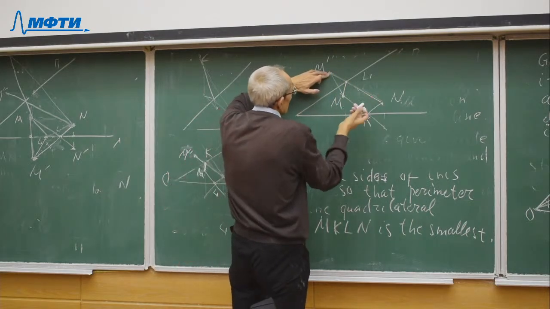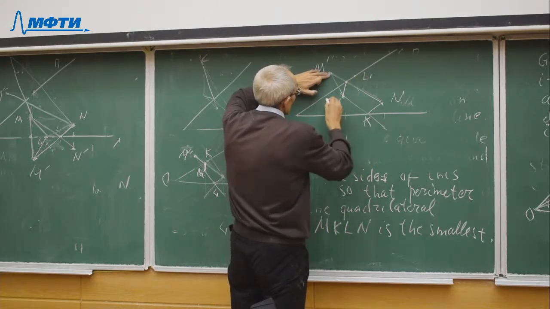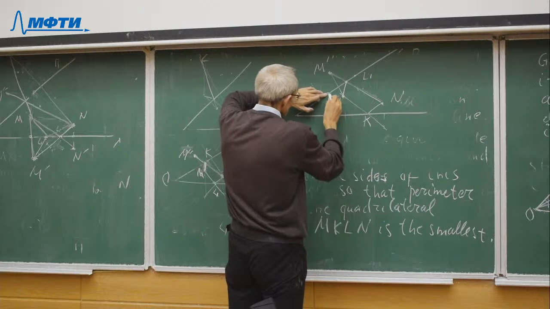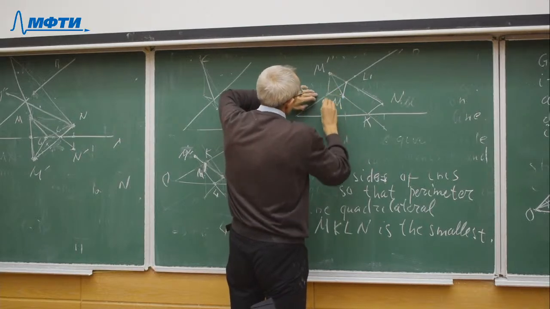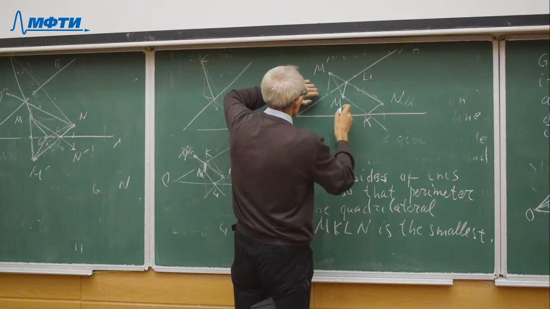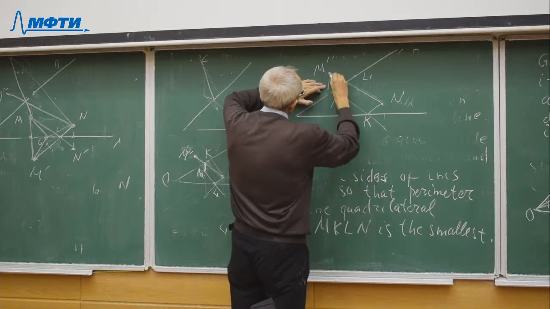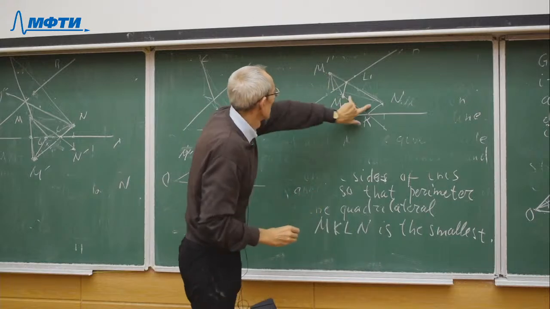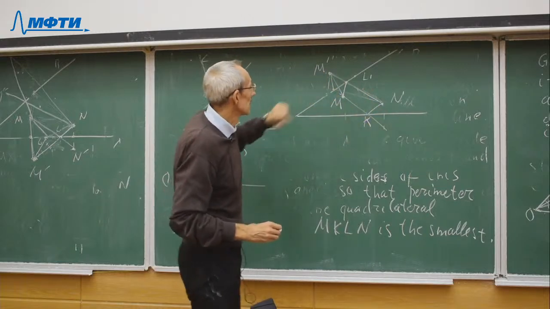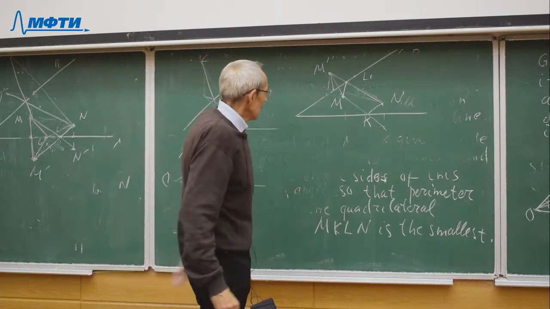But if I choose any other point on this line or this line, I have any point, this sum is greater than the length of this segment. And this is the answer.